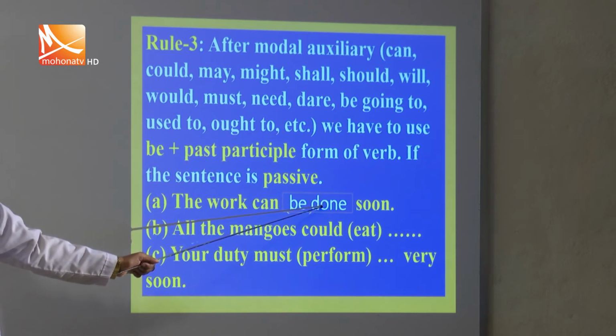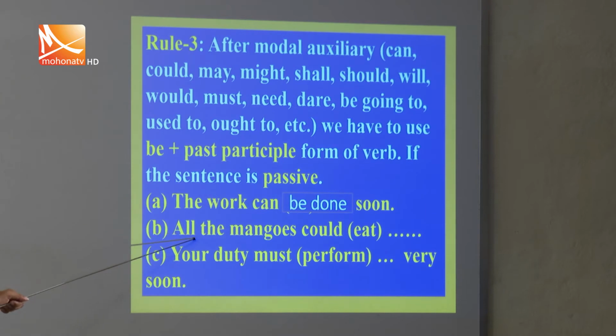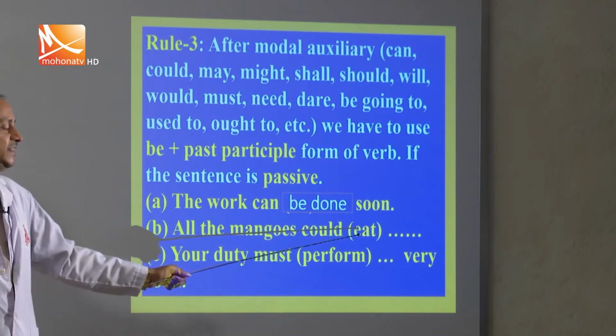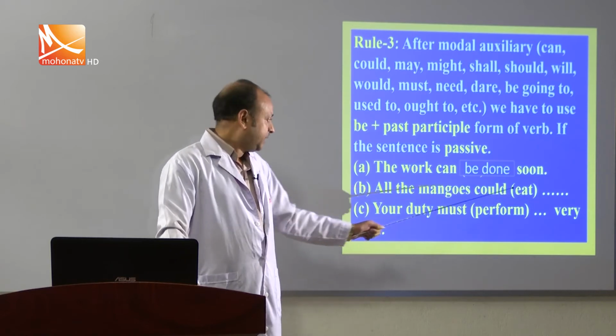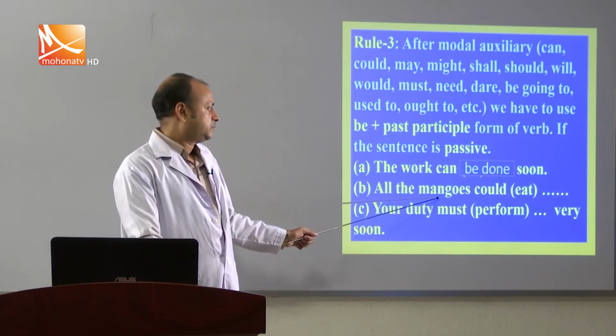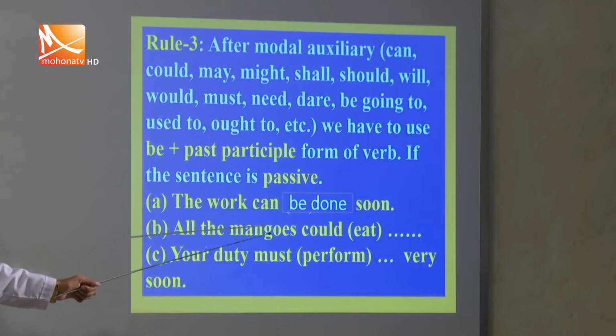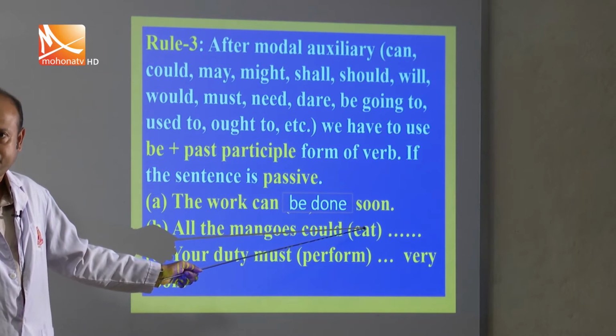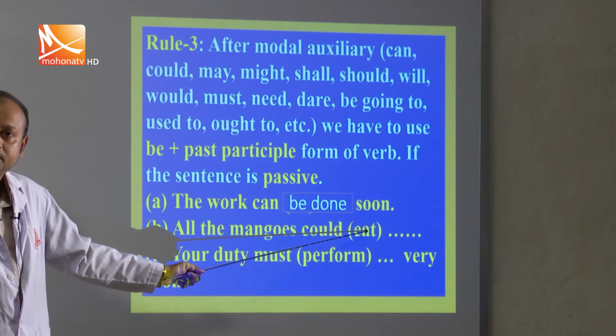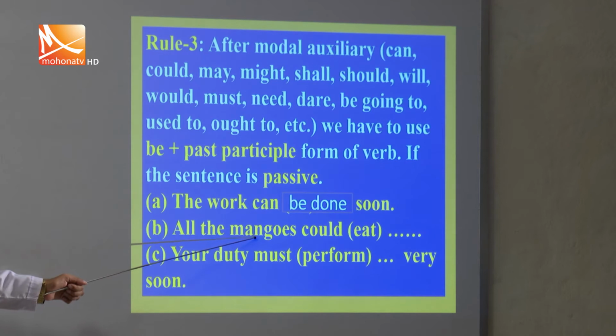Okay, be done soon. So, according to the structure, we used be, then the past participle form of the verb, done. Next sentence: all the mangoes could eat. Eat is a verb here, you know, and mangoes is the subject. So, mangoes cannot eat themselves. So, the verb eat cannot be performed by the subject mango.